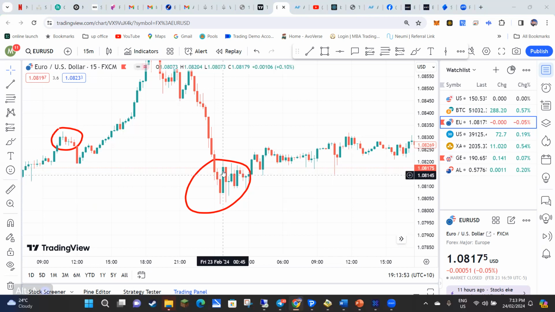It has to be the body of this green one, which is fully engulfing from where this candle finished right up to the highest it ever went. So that green body has to engulf all of that, and that's what we would call a bullish engulfing candle. That's an indication that the market has reached the bottom and is going to start moving up.